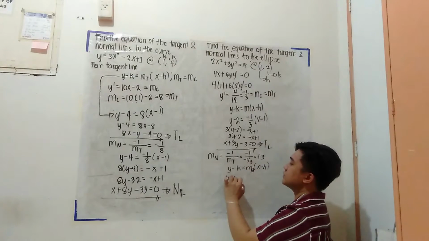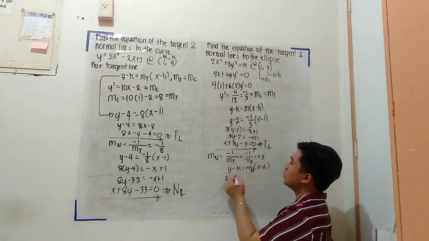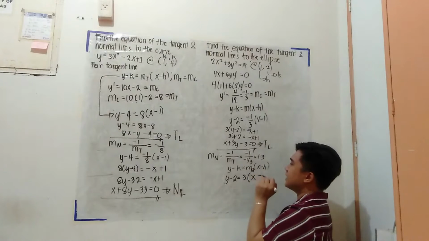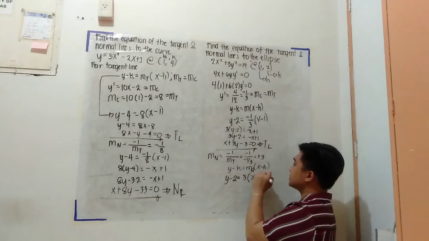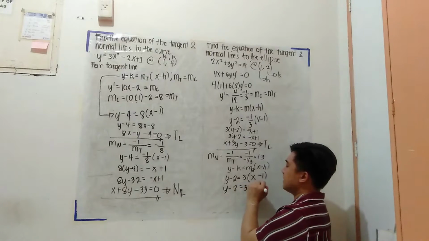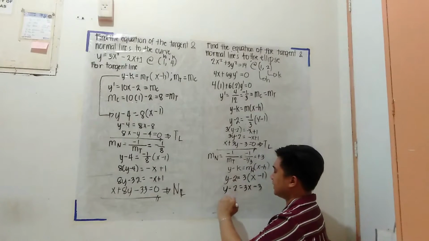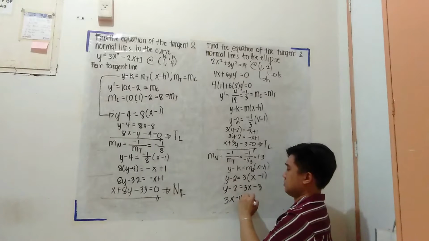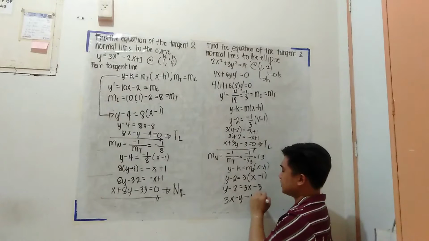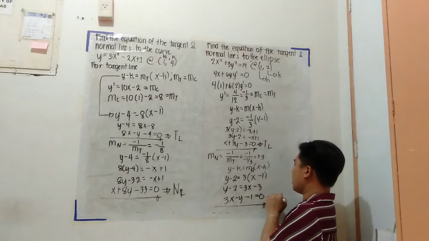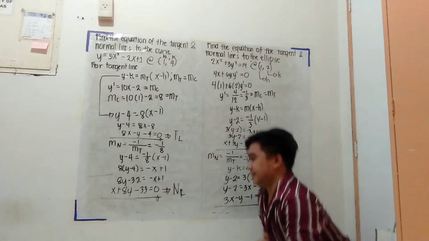So y minus 2 is equal to m, which is positive 3, x minus h. What is your h? 1. So y minus 2 is equal to 3x minus 3. So 3x minus y minus 1 is equal to 0. And this is the equation of the normal line.